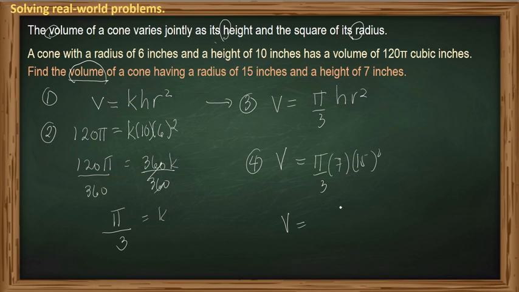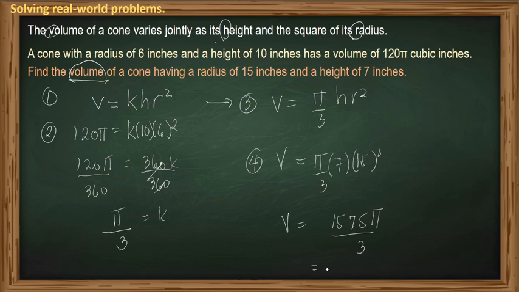That is 225. 15 squared times 7 is equal to 1,575 pi over 3.